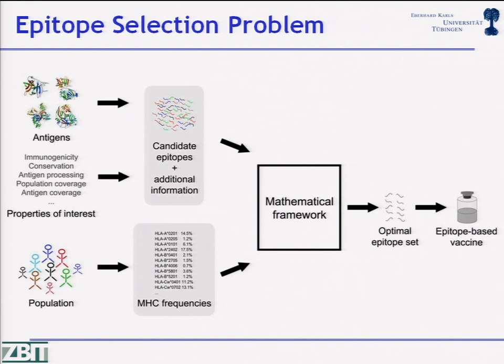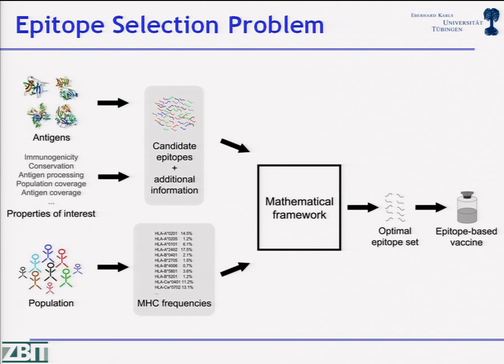We are given a set of antigens, and from these we can determine the candidate epitopes. We have additional information, for example, which epitope belongs to which antigen, the population coverage, also the conservation. Are some of these epitopes prone to mutation in viral genomes? That can be an issue. We also have a population which we want to optimize the vaccine for.